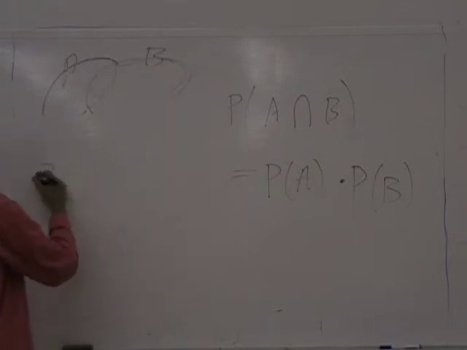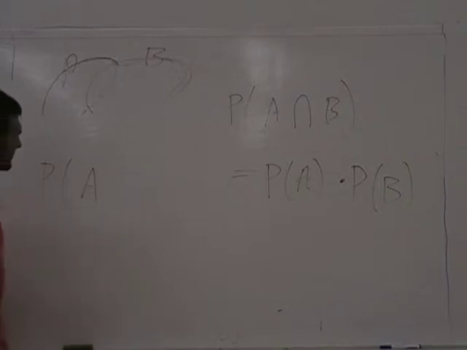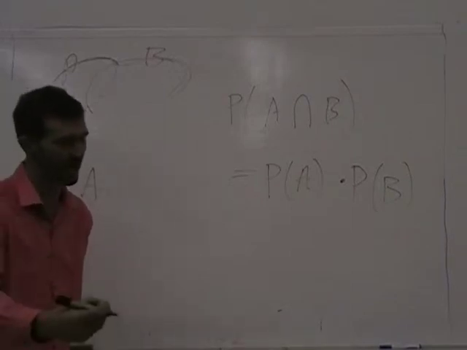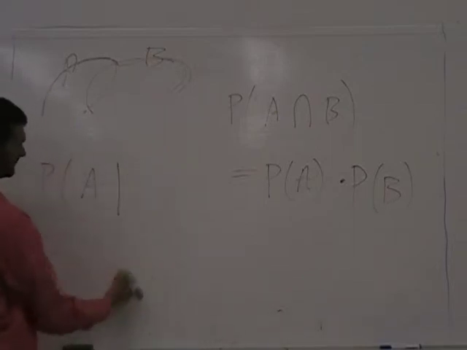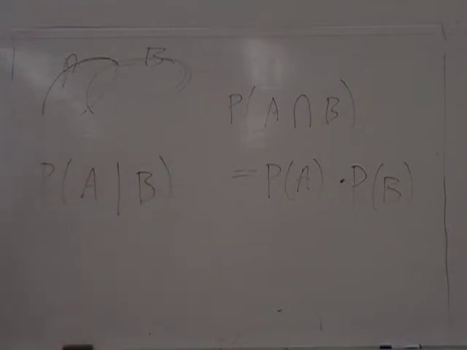So, probability of A conditional on B is the notation often used for a conditional probability.